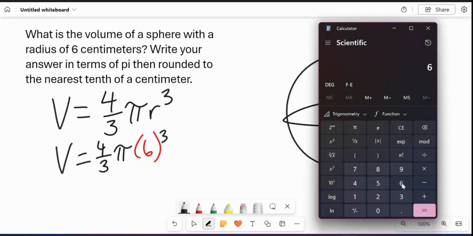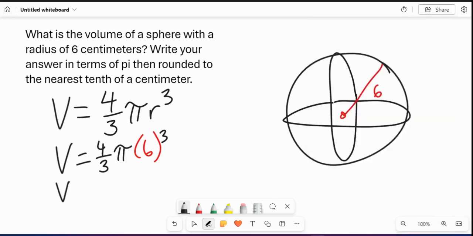So 6 cubed, 6 exponent button 3 equals 216. Now I have to multiply that by 4/3, times 4 divided by 3. Or if you have a fraction button in your calculator, even better. So it is 288 pi.